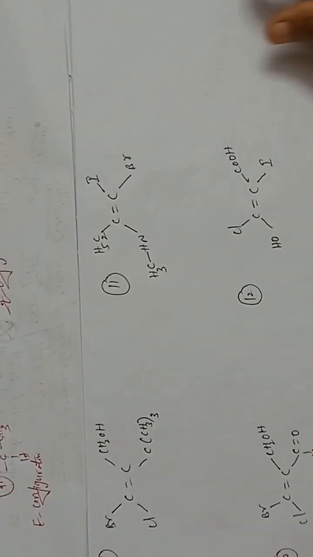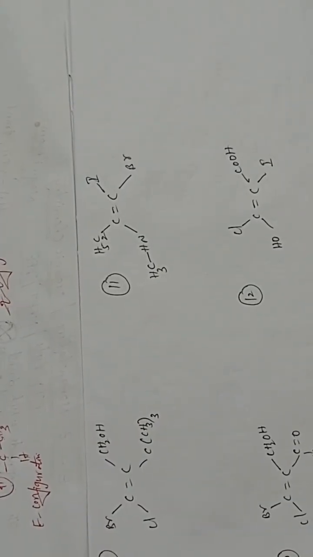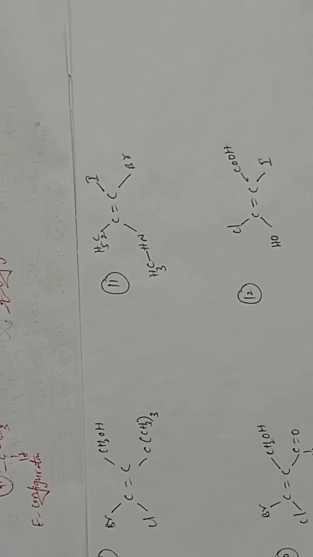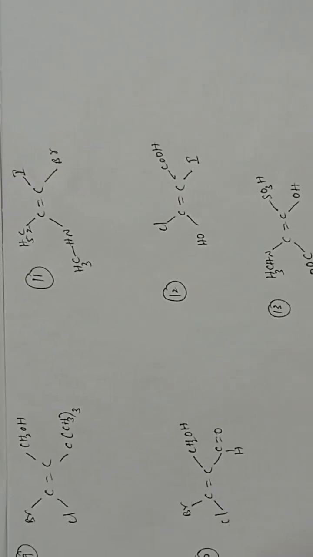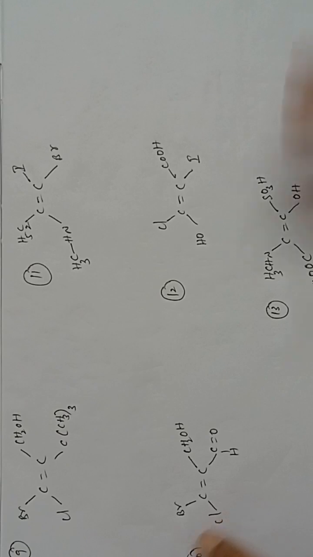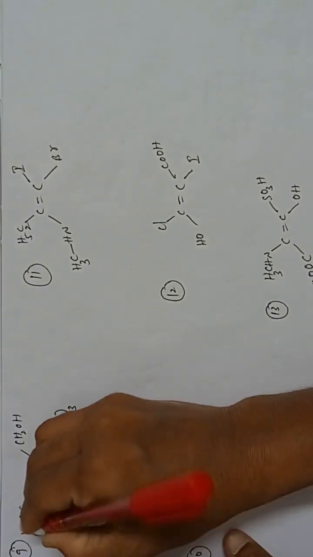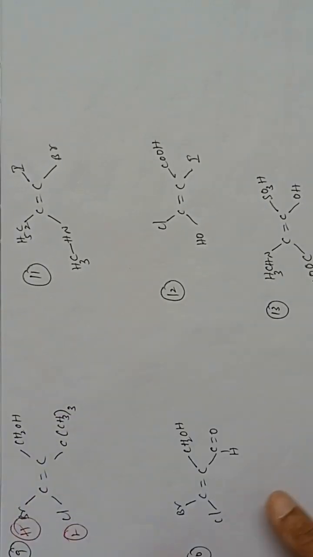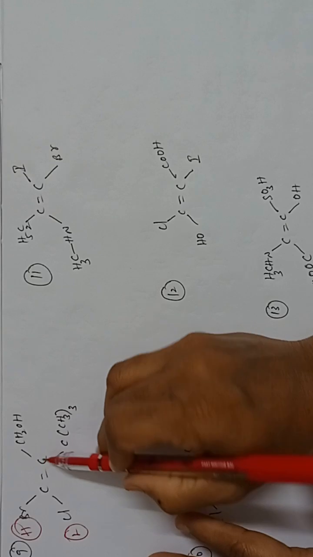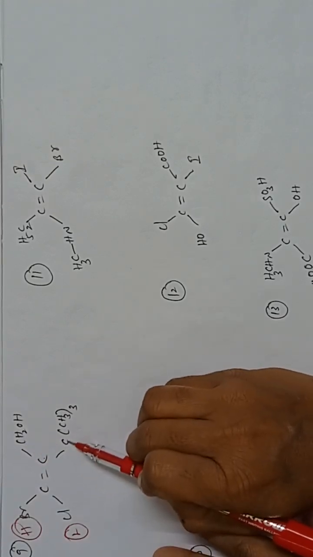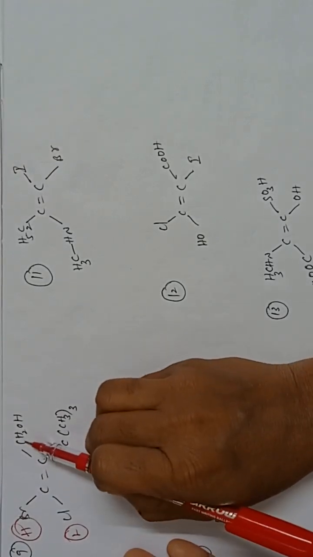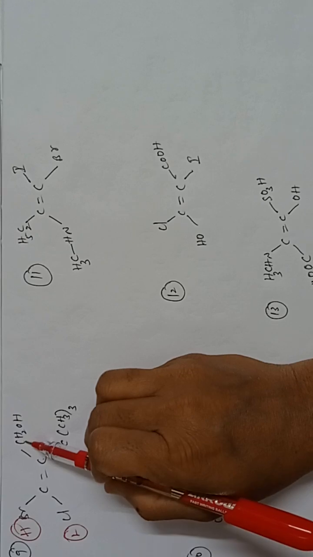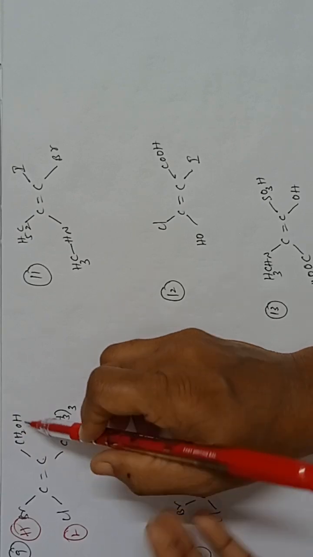Now see, students, another example. Here see: bromine, chlorine. Bromine has the higher atomic number, chlorine the lower. Here this carbon is attached to carbon, and here also carbon. So which three atoms are attached to this carbon? CH2OH.